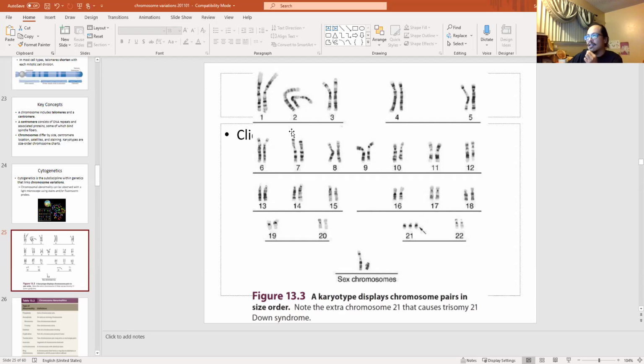We have 1 to 22, and X and Y. Then we see something here: an extra 21. So this is a type of chromosome abnormality that we can identify, one extra.